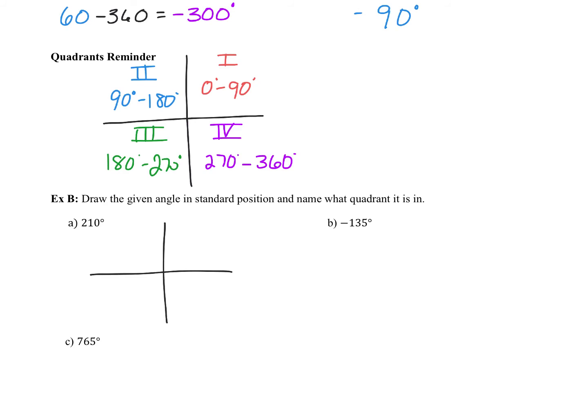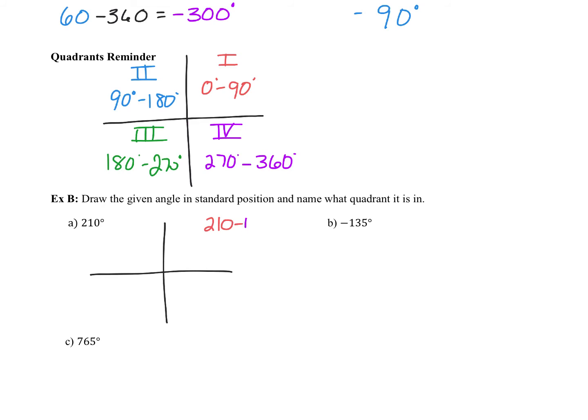Okay, so how I like to think about this, and you do what works for you and your brain, this is how my brain works with it. I know 210 is more than 180, but it's less than 270, right? And I'm going to say it's kind of closer to 180. So I want to know how far from 180 it is.